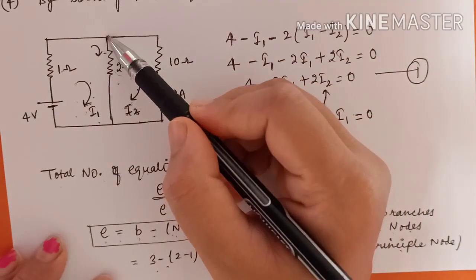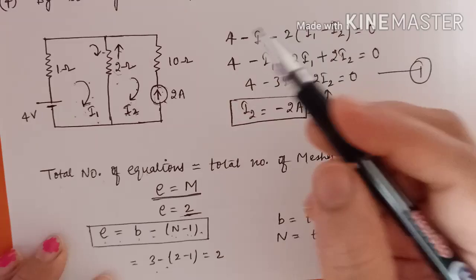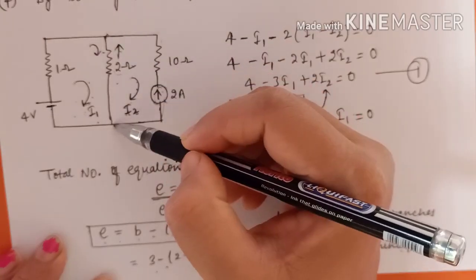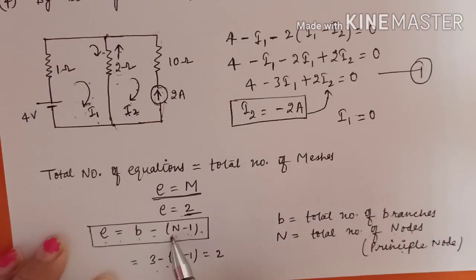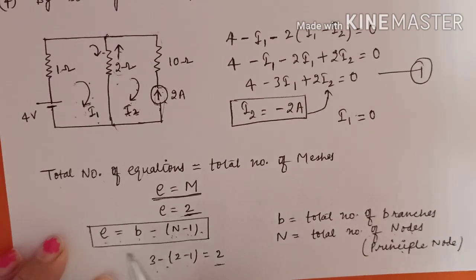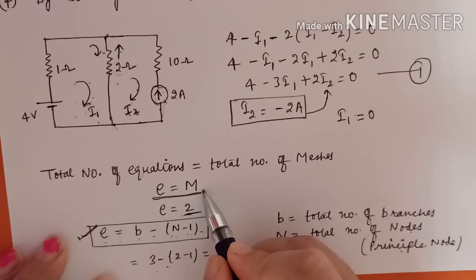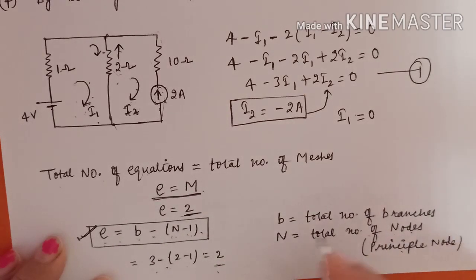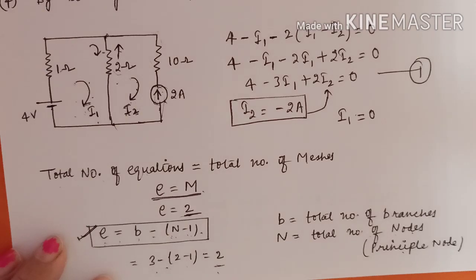This node, and this is a common node, means this and this node and this node. Clear? So 2 nodes are there. So 3 minus 2, means the number of equations is coming as 2. So this formula you can also apply for finding the number of equations, and the total number of equations should be equal to the total number of meshes. Clear? So this was about the mesh analysis.